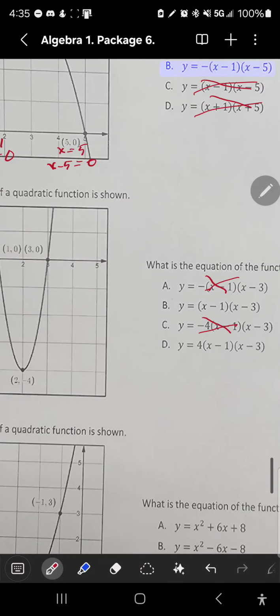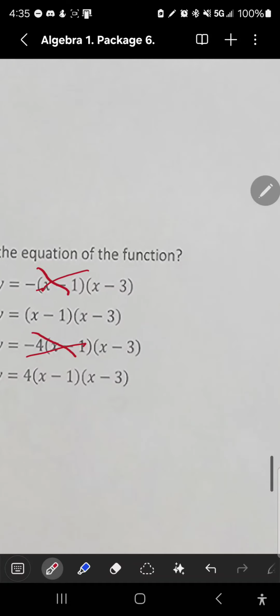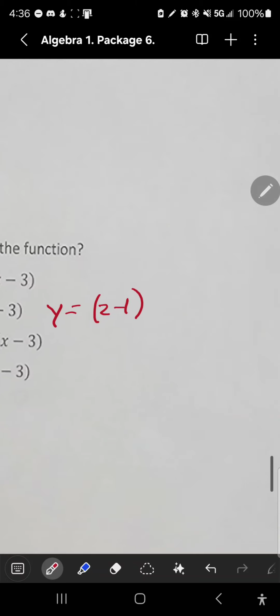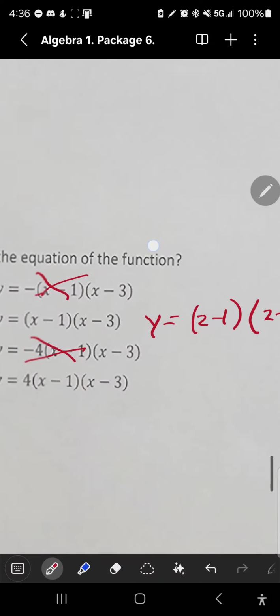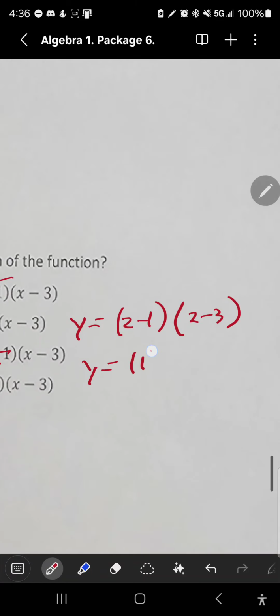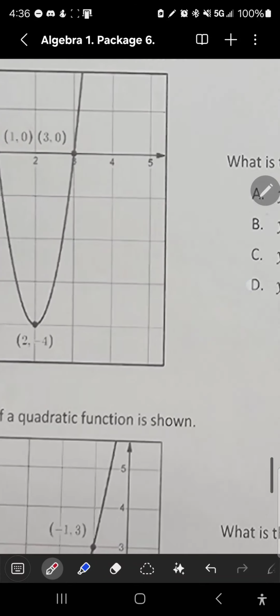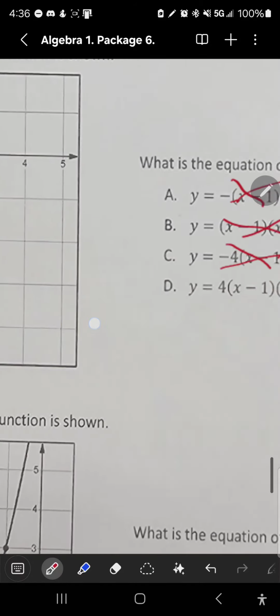So if I substitute 2 here, y equals 2 minus 1, 2 minus 3. So 2 minus 1 is 1, 2 minus 3 is negative 1, and 1 times negative 1 is negative 1. However, this is not my answer because I'm looking for negative 4.